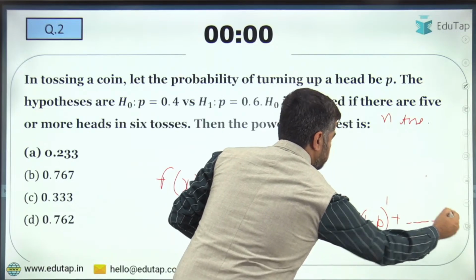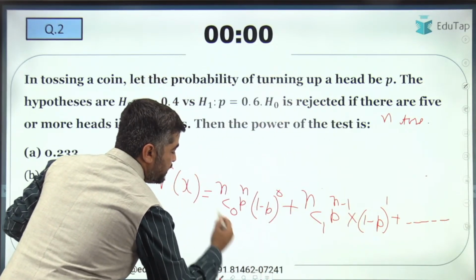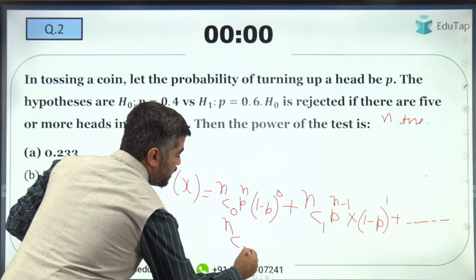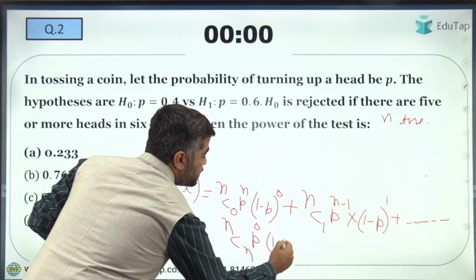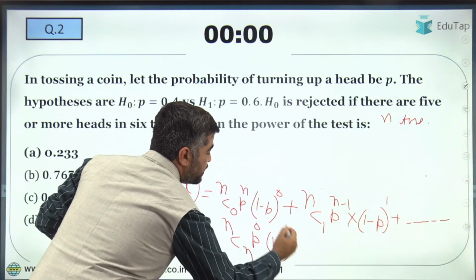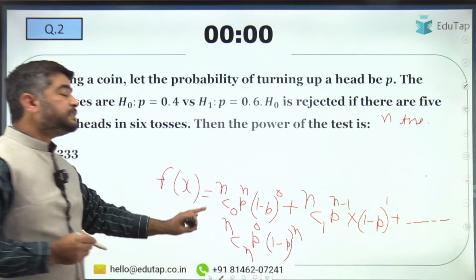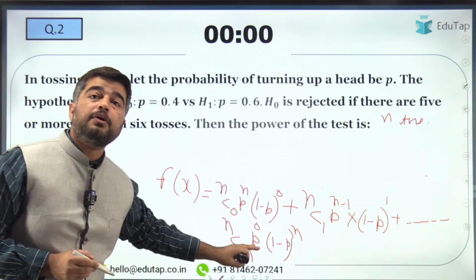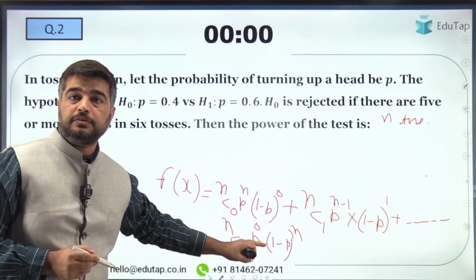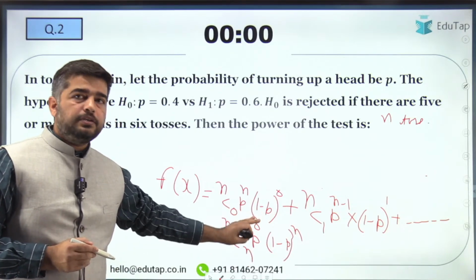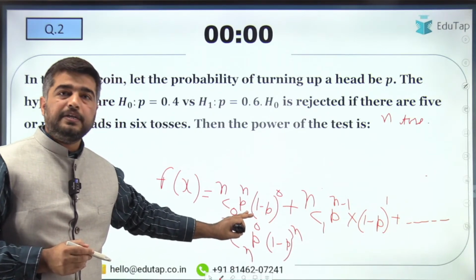Similarly, it will go on, and in the last you will have nCn p raised to power n into 1 minus p raised to power 0. This is the probability distribution of your binomial distribution. Fine. Remember this. This formula can be directly asked.